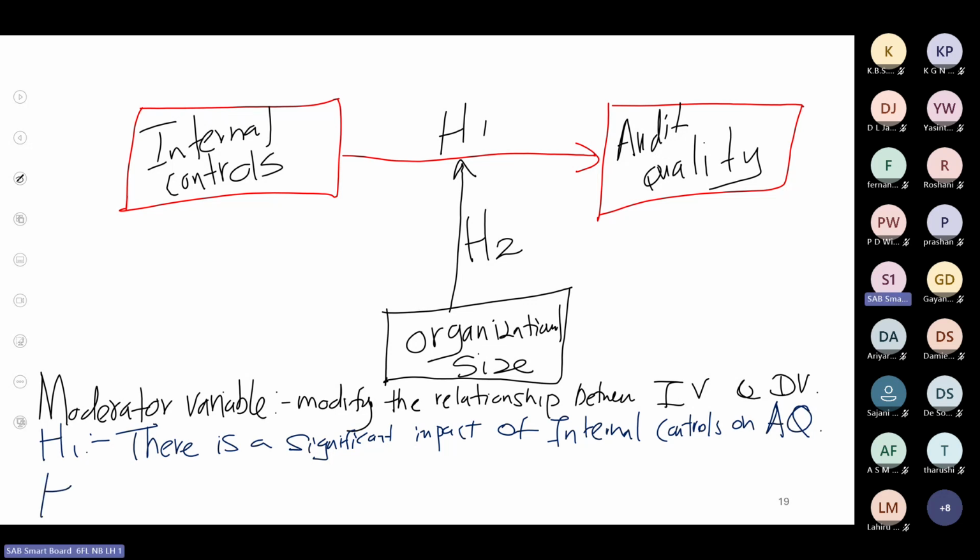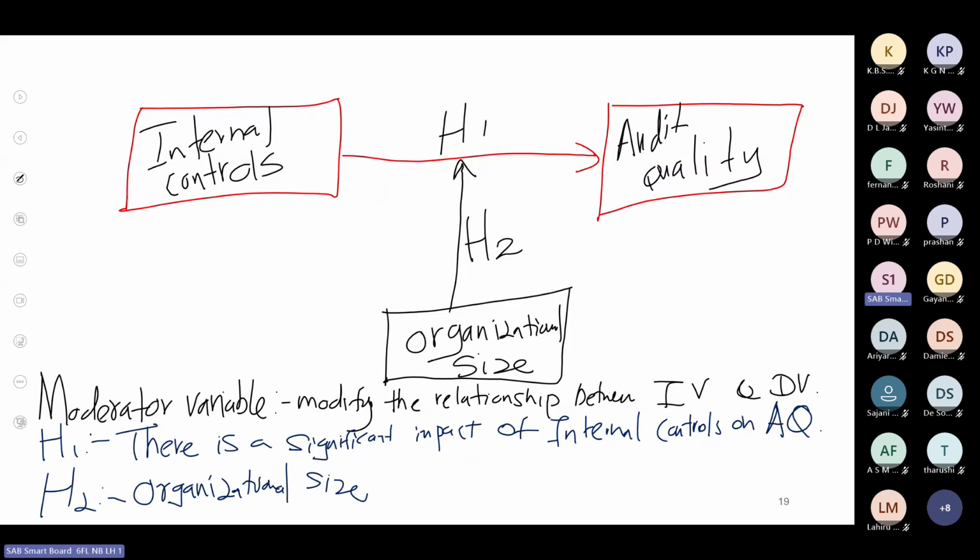H2. How did we write it in the model with the mediator? We put the mediator or moderator first. So how to write it now? Organizational size. What does it do? Mediate or moderate?